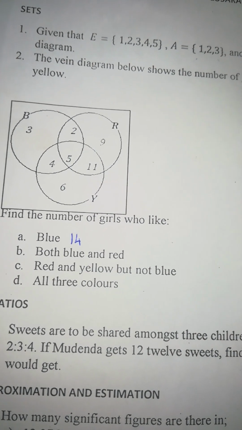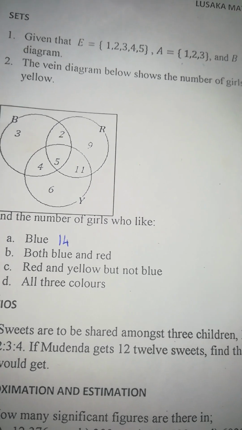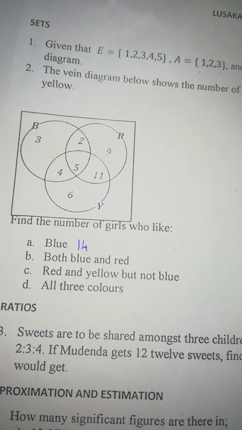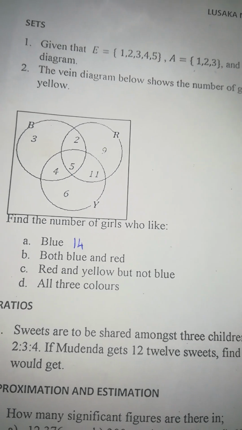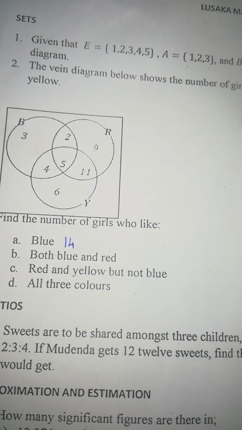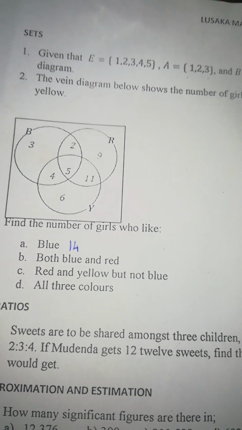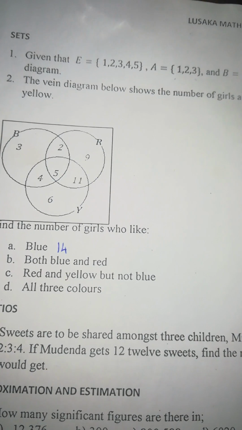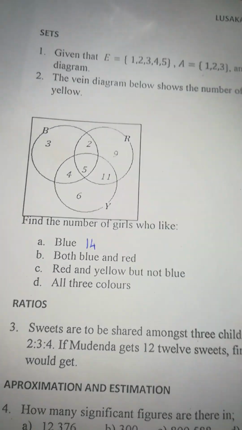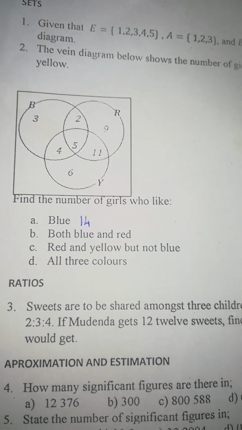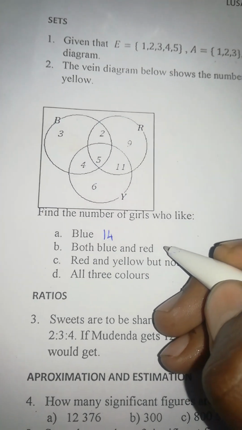That's 9 plus 11, which is 20. So 14 plus 20 will give you the number of those who like blue and red. So that should give you 34.